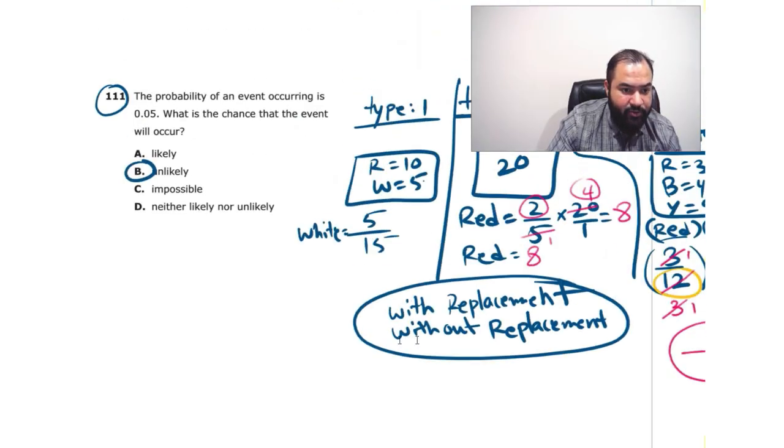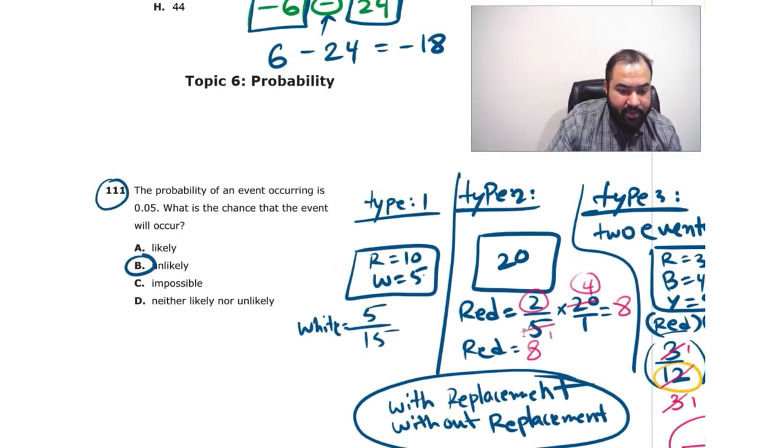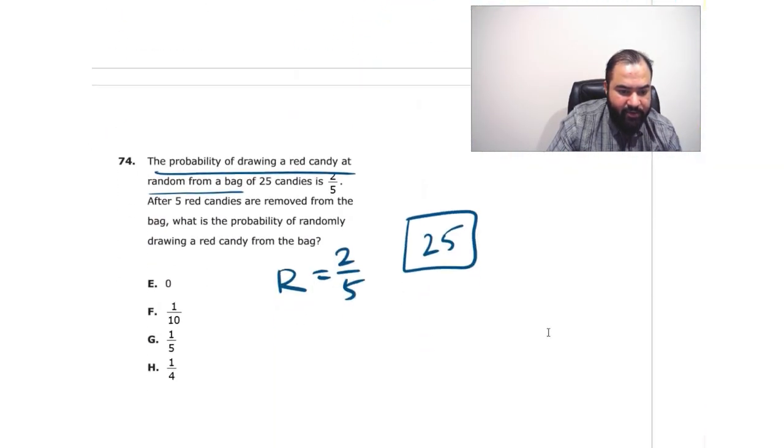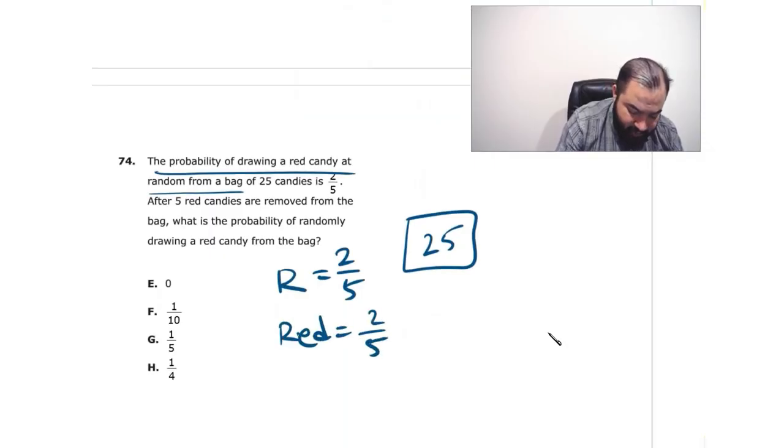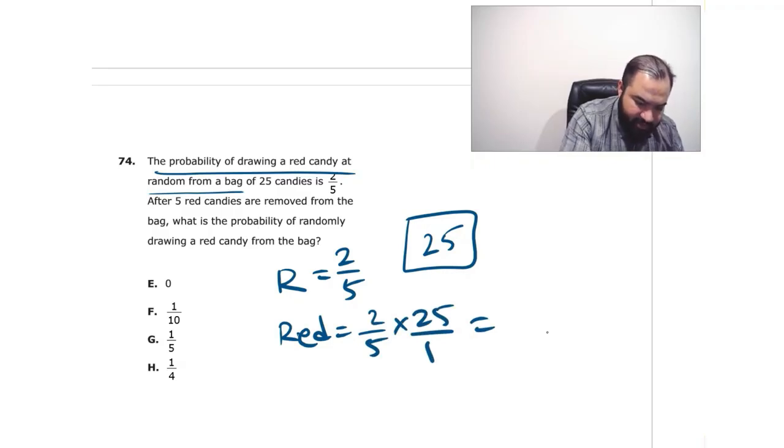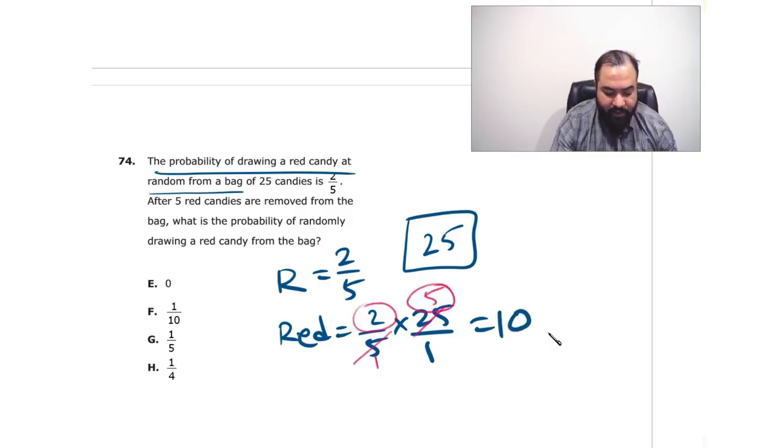Remember the type 2 I showed? You just multiply the fraction with the number to get how many. So how many red do we have? 2/5 times 25. Can we simplify the 5 with 25? See, simplification helps: 1 and 5. So 2 times 5 is 10. We have 10 red.